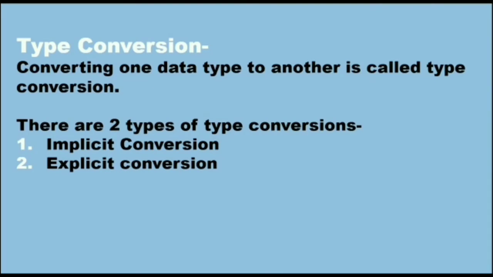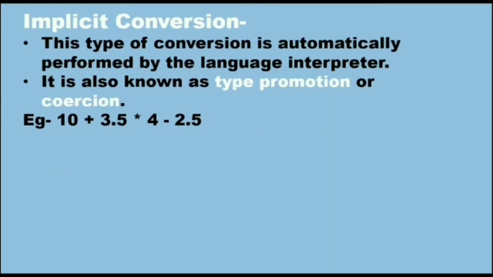So there are two types of conversions. One is implicit conversion and another is explicit conversion. What happens in implicit conversion? Implicit means something that is done automatically. So this type of conversion is automatically performed by the language interpreter without user intervention. And when does the system perform it?